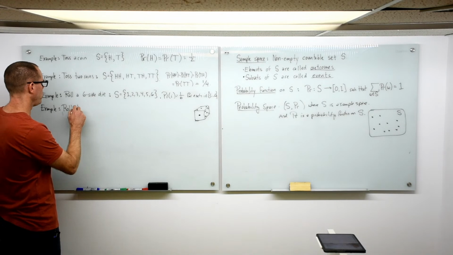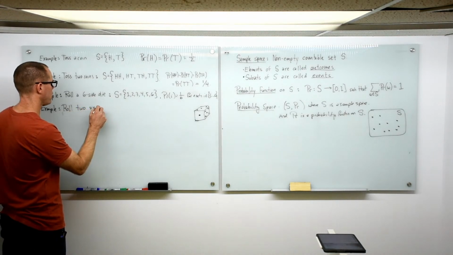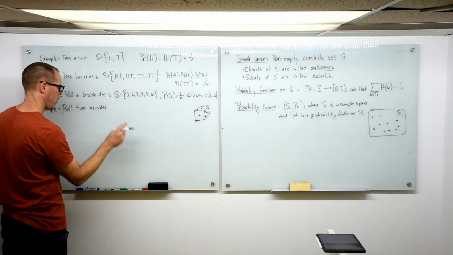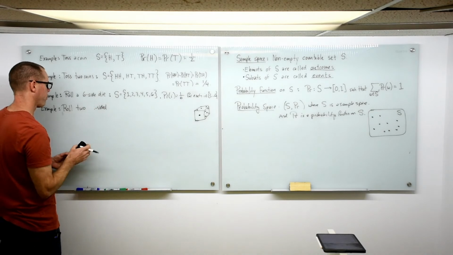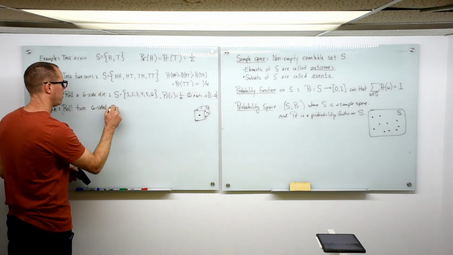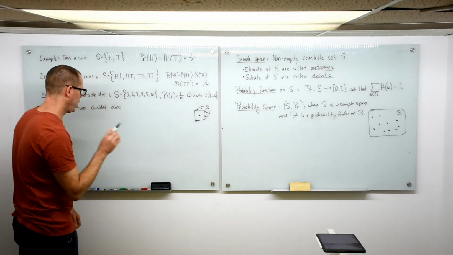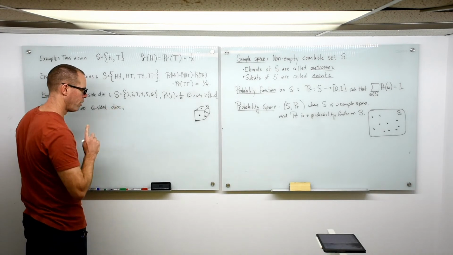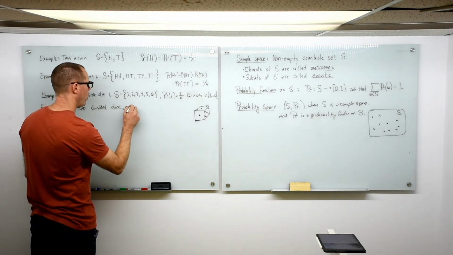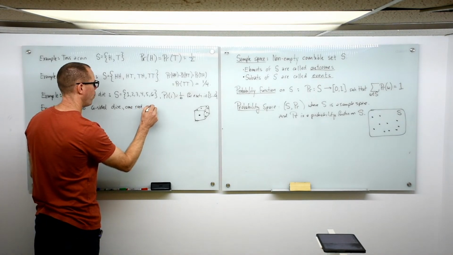So we roll 2 6-sided dice. Guess I should be consistent here. And now I should be really clear about what I mean. 1 red and maybe 1 blue.